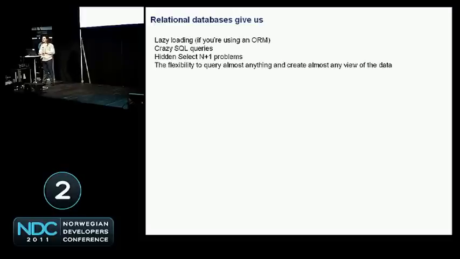They just cause some headaches because we have lazy loading, which is a good thing, and you shouldn't turn it off, except when you actually need to. But the problem with lazy loading is that you have implicit, hidden select n+1 problems. You also, for your views, have potentially crazy SQL queries. Maybe not a problem if you've got a really beefy SQL server. On my virtual server, I certainly don't.